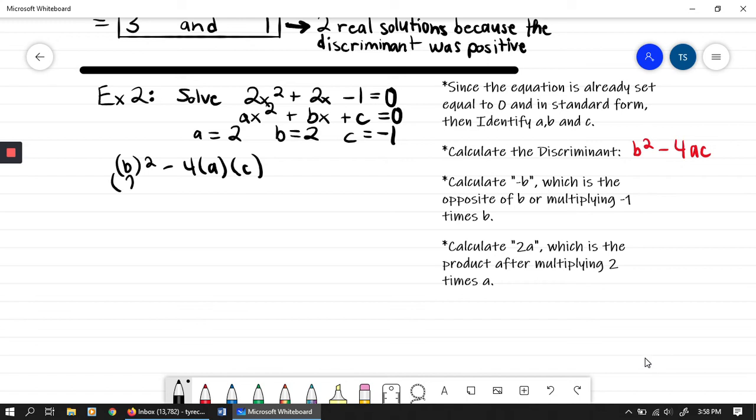Again, b is 2. If we go ahead on and square that, b squared, 2 squared, or 2 times 2, gives us 4. Then if we just write this part out as multiplying -4 times 2 times -1. So first you'll square the b, then you will multiply -4 times 2 times -1.